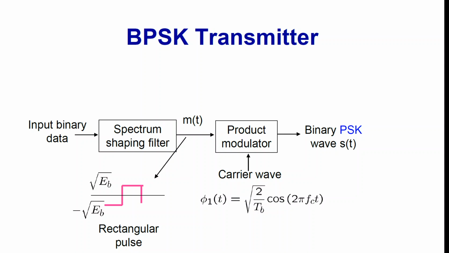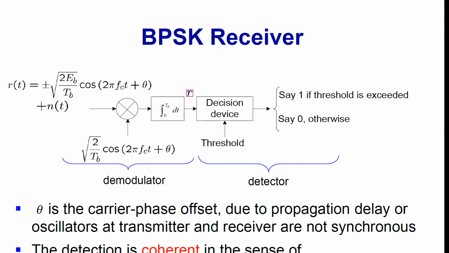So these two signals represent the BPSK wave: one normal signal, and one which is shifted by 180 degrees. So that is how BPSK is transmitted.